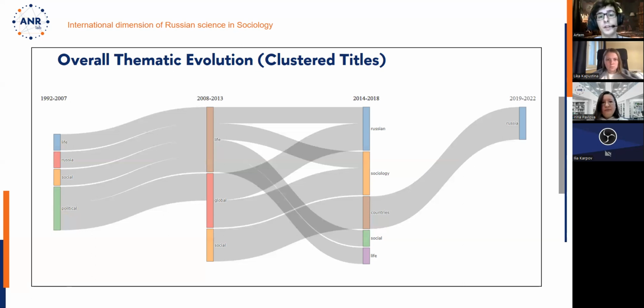In the next period, with proliferation of economic development of Russia and its movement towards global sphere, the issue of life questions, social policy, transformation of living standards, etc., became dominant, as well as examining global transnational issues.